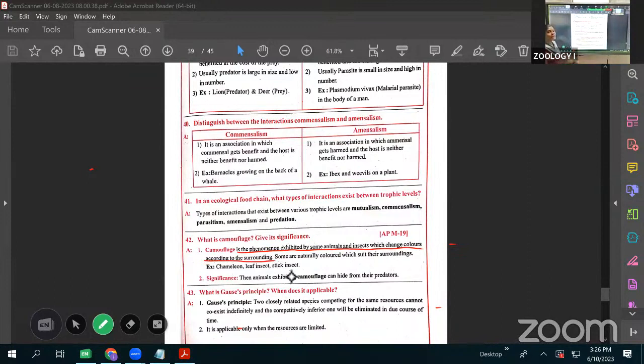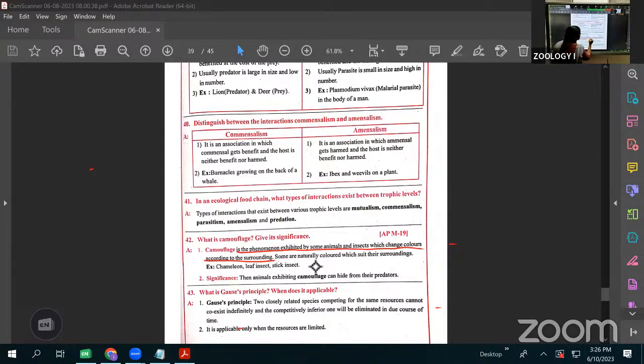For example, to escape from predators, they change to match the environment. If they are present in the grass, they become green in color. If they are present in the soil, they become brown in color. Depending upon the environment, they can change the color.